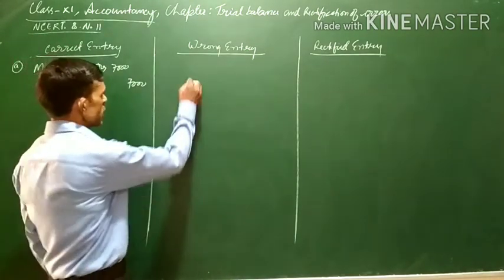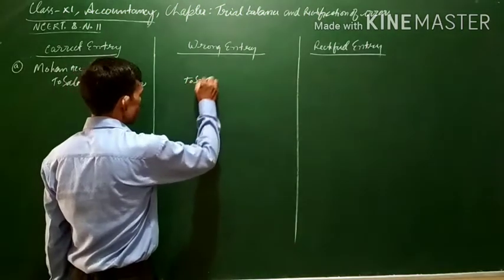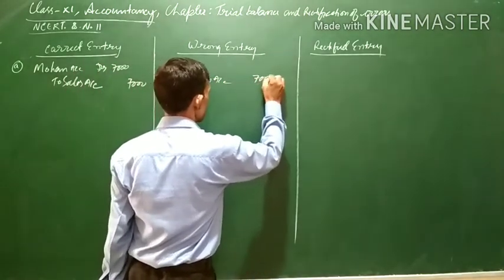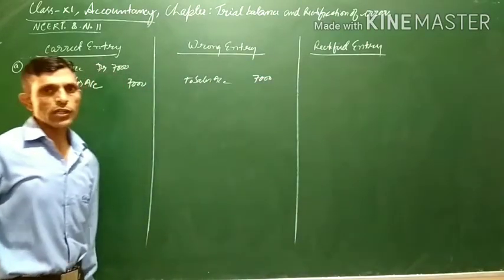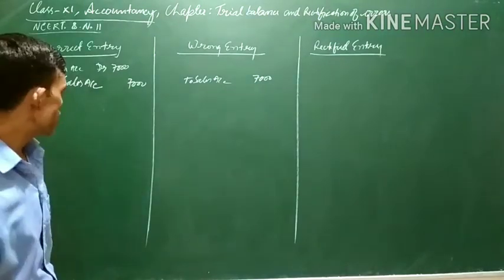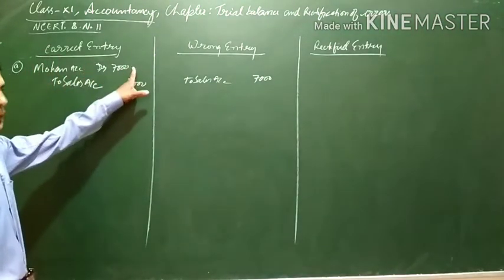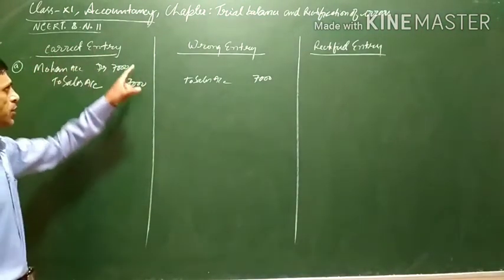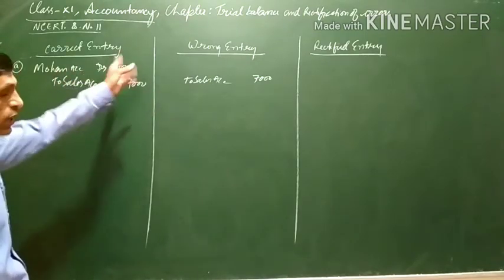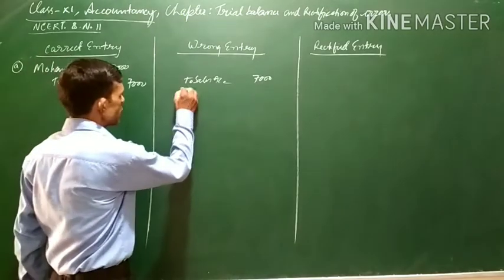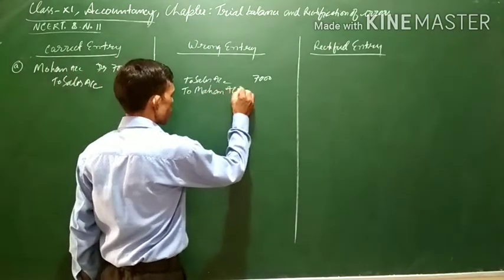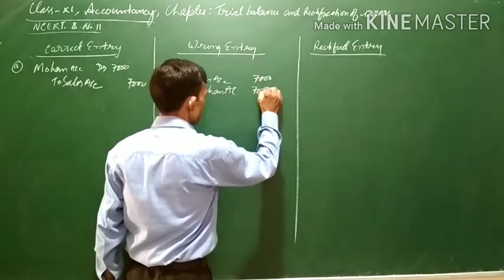So the wrong entry is to sales account 7000. Here it is given that it has been posted to the credit office account. Means Mohan account should have been debited, but wrongly it has been credited. Sorry, Mohan account credit 7000.